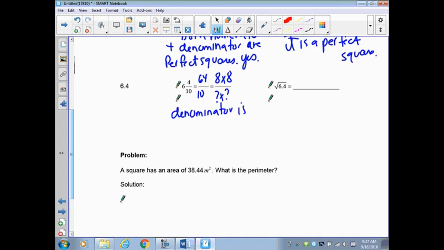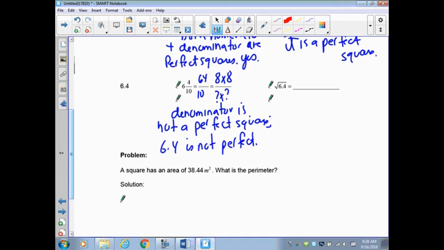I shouldn't say the denominator is not a whole number. Let's fix that. The denominator is not a perfect square. Because the denominator is not a perfect square, 6.4 is not perfect.